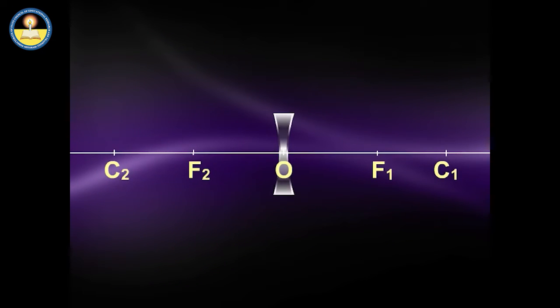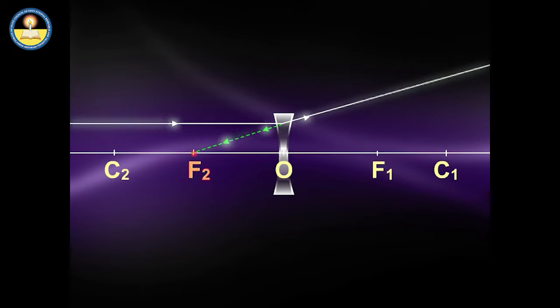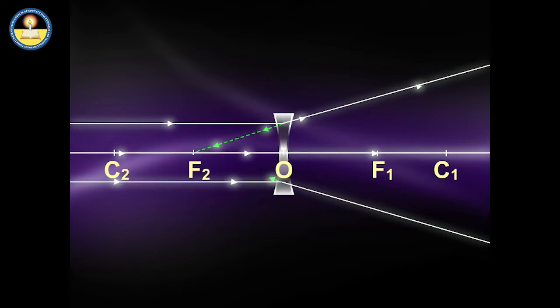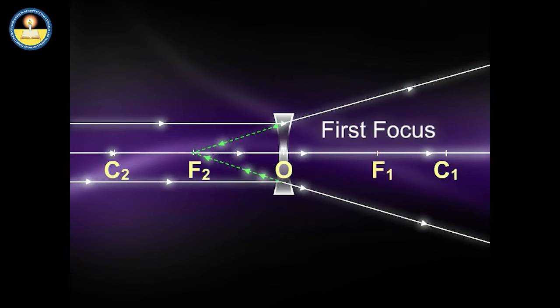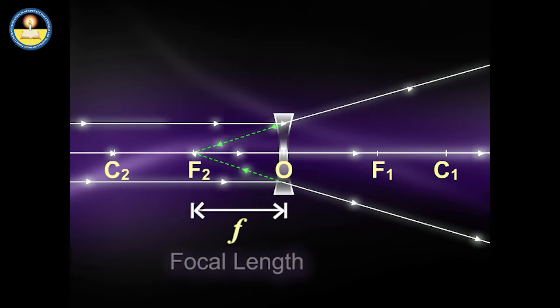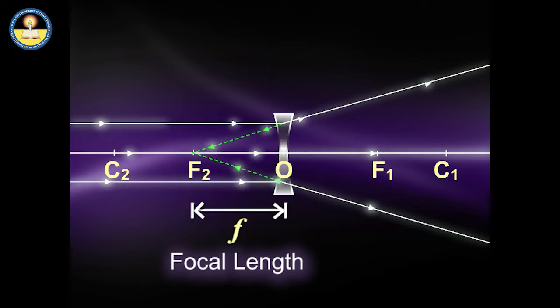Whereas, in case of a concave lens, the focal point on the side of the incident ray is called the second focus, and the focal point on the side of emergent rays is called the first focus. And the distance of a focal point from the optical center is called focal length.